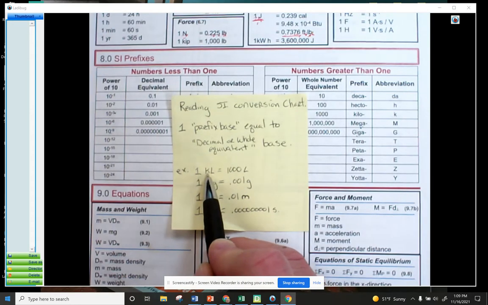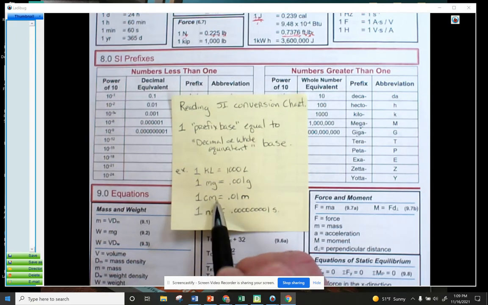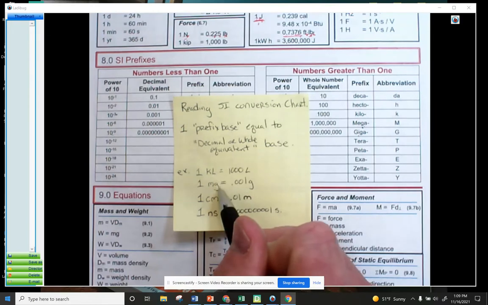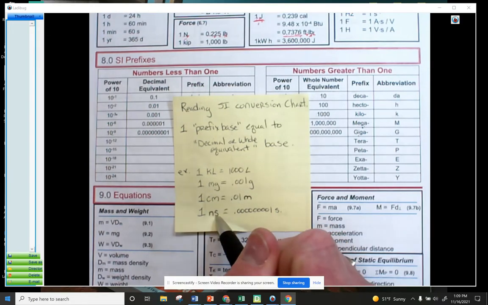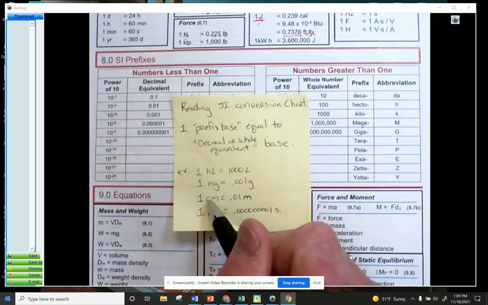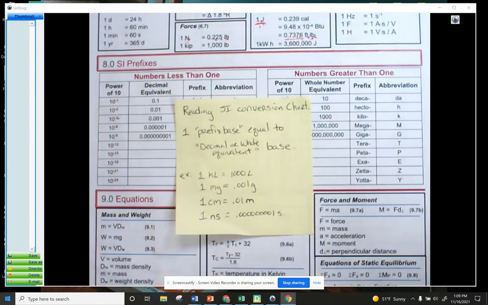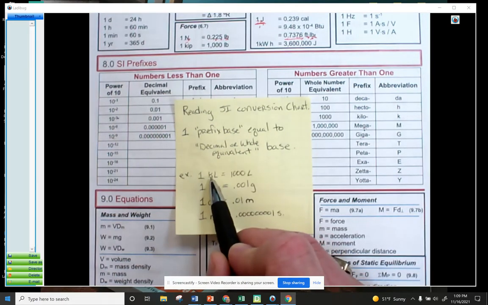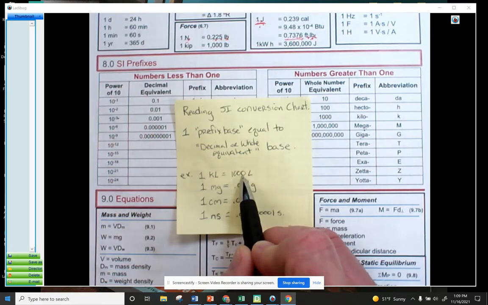in this case kiloliter, megagram, centimeter, nanosecond. The base unit is the liter, gram, meter, and second. The prefix is the kilo, milli, centi, and nano. Okay, so it's 1 of the prefix base is equal to the whole number equivalent.